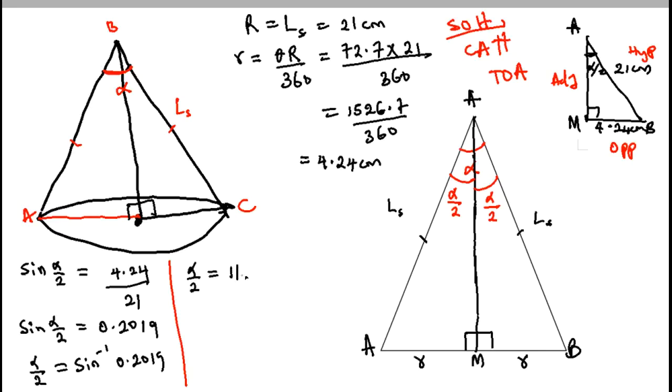When you do that, alpha over 2 is equal to 11.648. To solve for alpha, I will put it over 1, cross and then multiply.